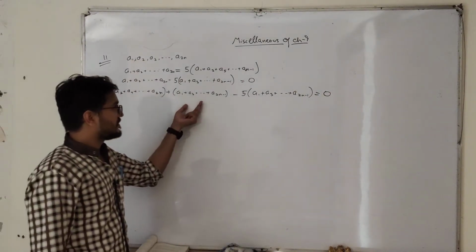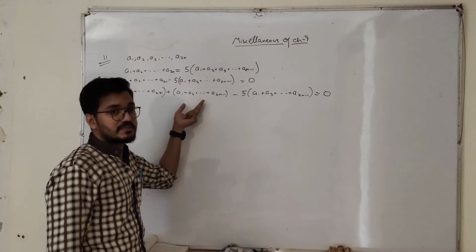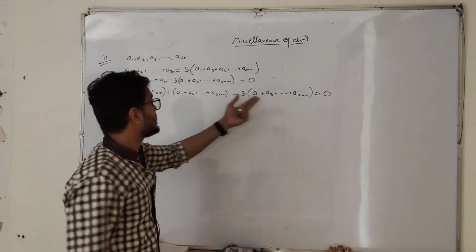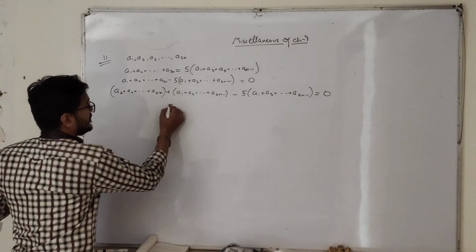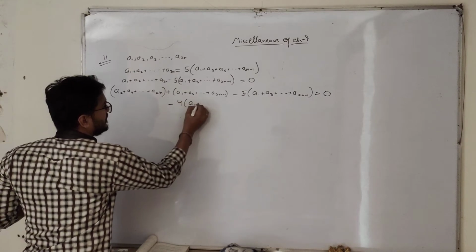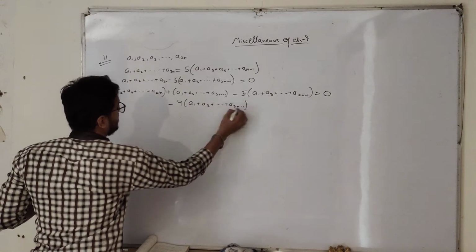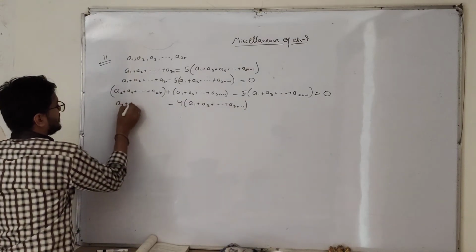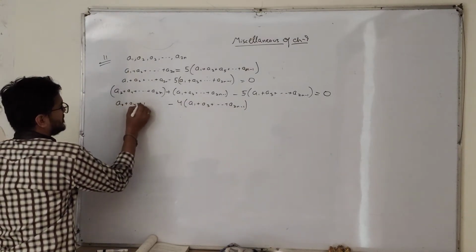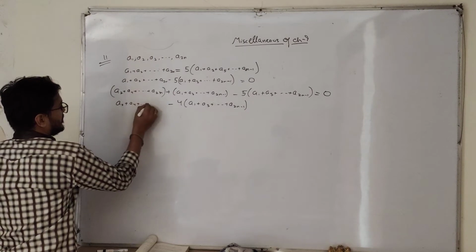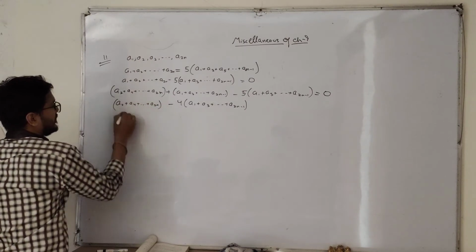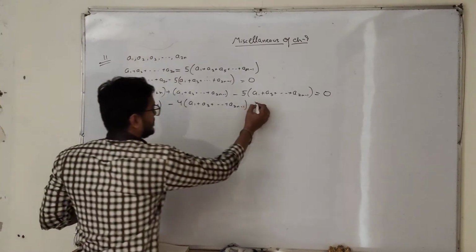So let the sum of odd terms be x, so x minus 5x is minus 4x. So we can say minus 4 times (A1 plus A3 plus A2n minus 1) plus (A2 plus A4 plus A2n) is equal to 0.